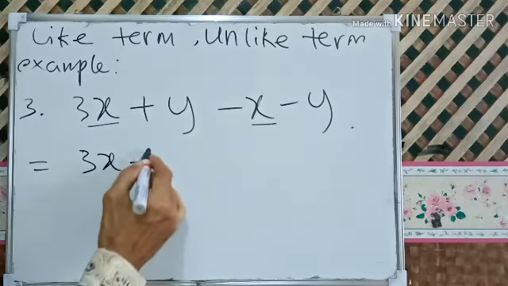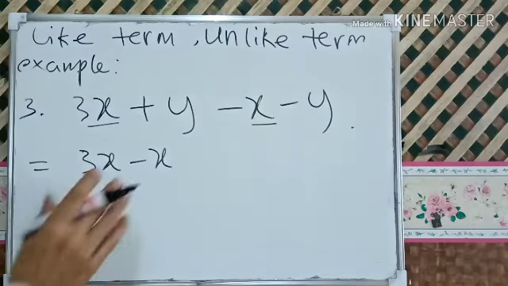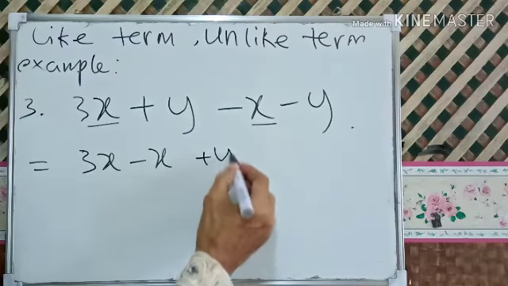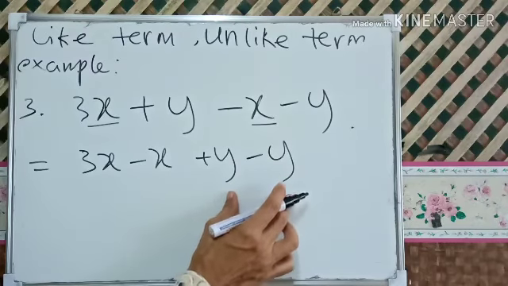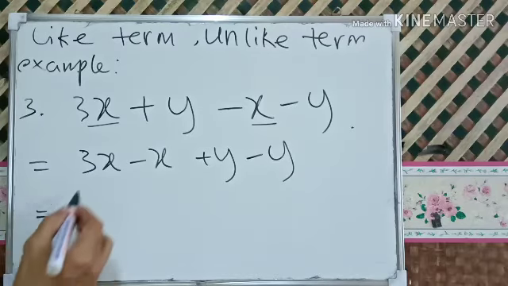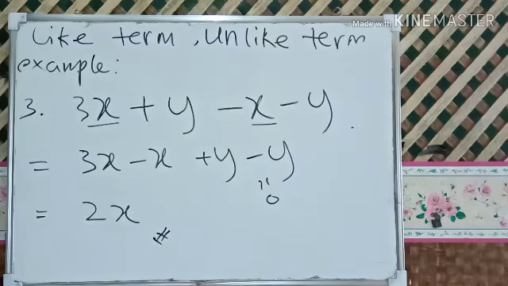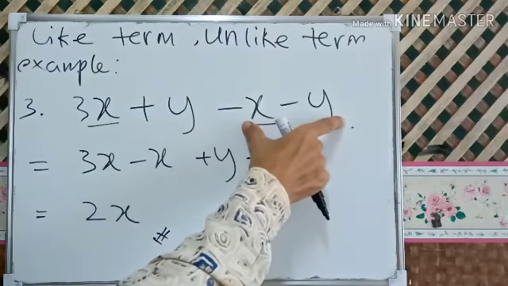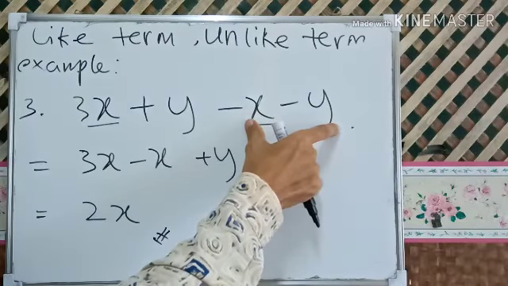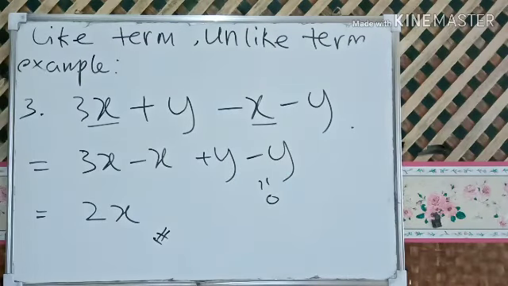The x minus x, only like terms can be subtracted. Plus y minus y. Like terms can be subtracted. We cannot subtract unlike terms. Only like terms can be conducted in addition and subtraction.